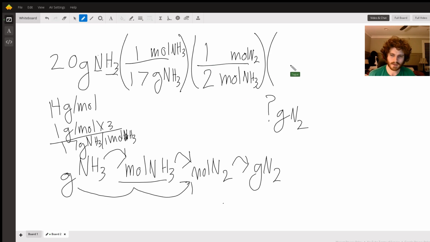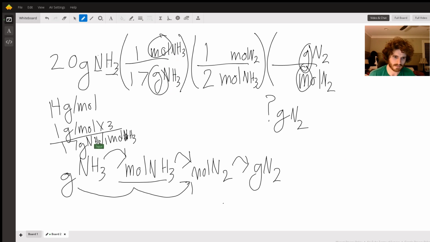And then we need to figure out what the ratio is between moles of N2 and grams of N2. And whenever we see grams and moles in a ratio, that's going to be referring to the molar mass or the atomic mass. Just like you saw over here, grams, moles, we figured out the atomic mass.